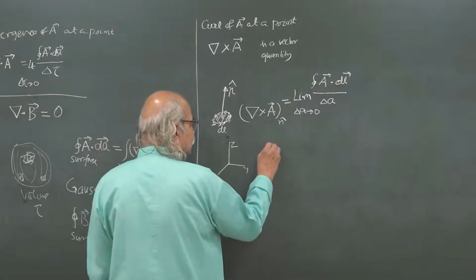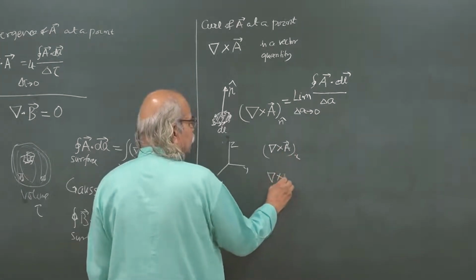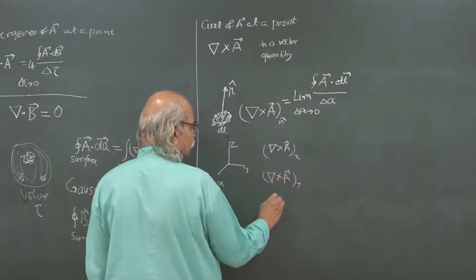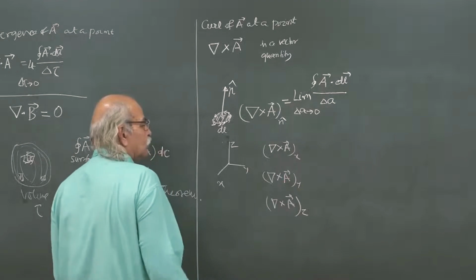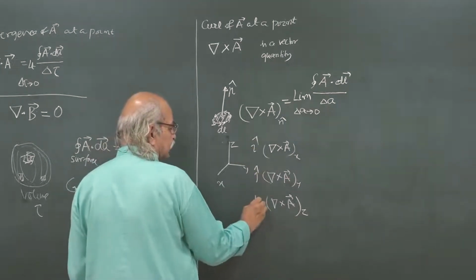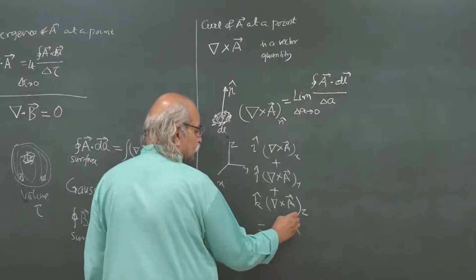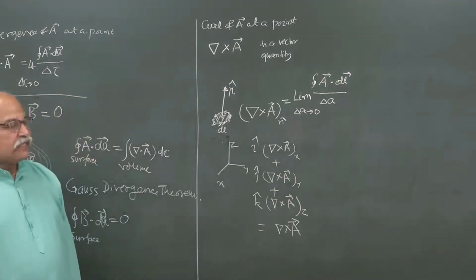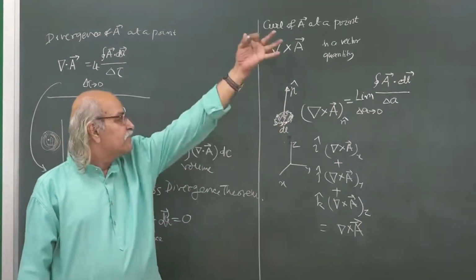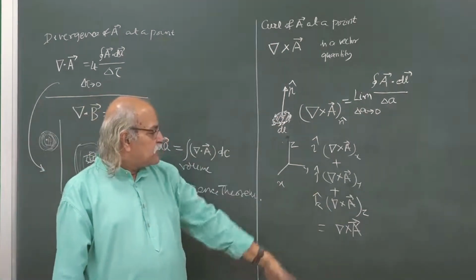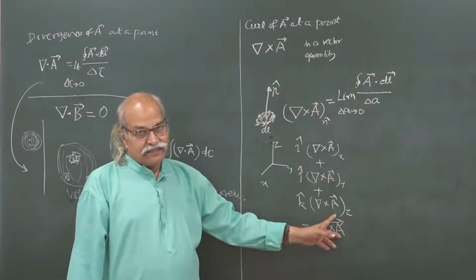You find the curl of A in the x direction, curl of A in the y direction, and curl of A in the z direction, and once the three components are known, you put i cap, j cap, k cap here and add, and that will be curl of A. So, this is how we define curl of A at one given point, and that point can be anywhere in space. At each space point you know the vector A, and therefore you also know the vector curl of A.